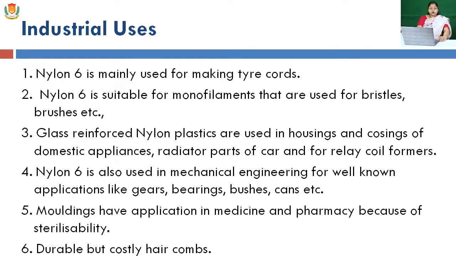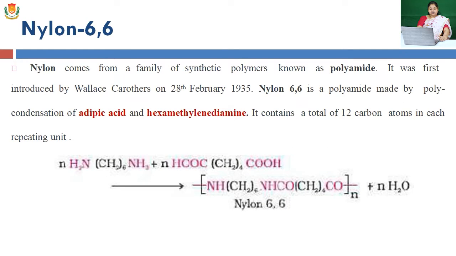Nylon 6 is also used in mechanical engineering for well-known applications like gears, bearings, brushes, etc. They are also important for molding in medicine and pharmacy appliances. They are durable and make costly hair combs.